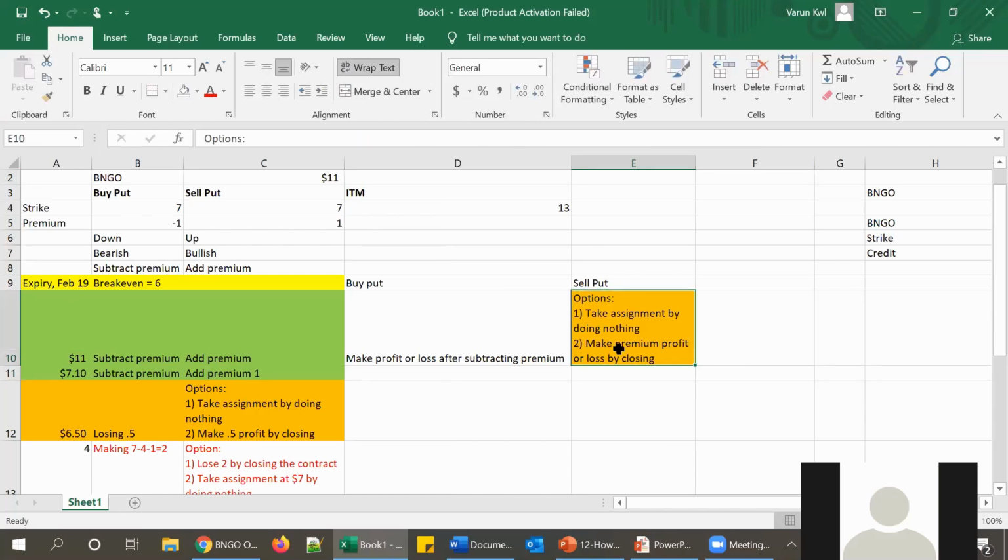That's what is going to be the outcome for the seller in this case. Make sense? Yes. Okay, so now let's look at our example.